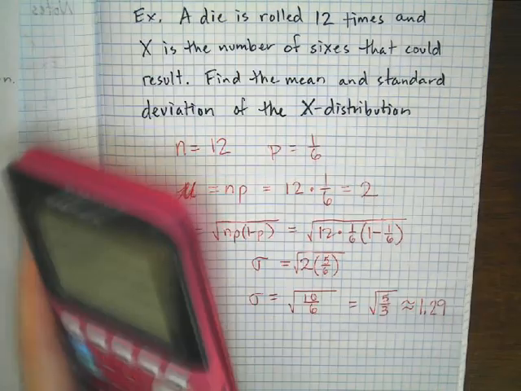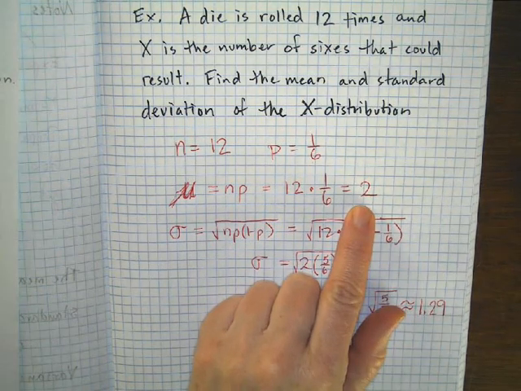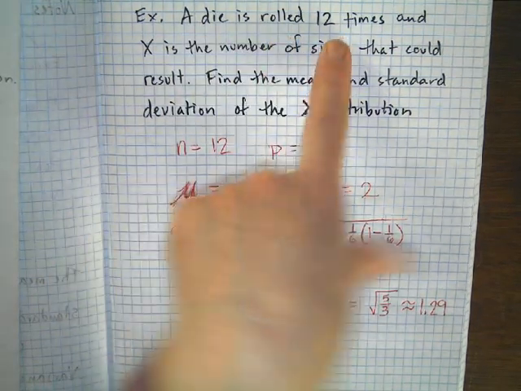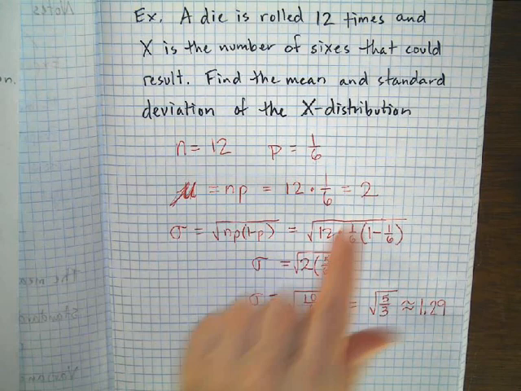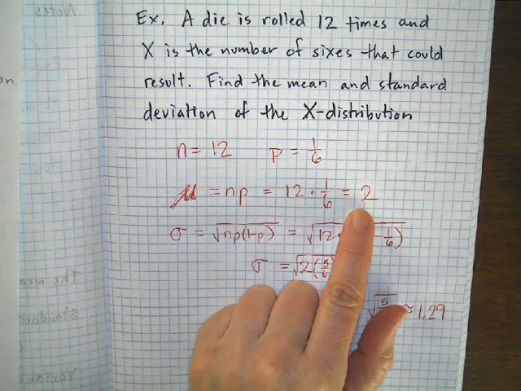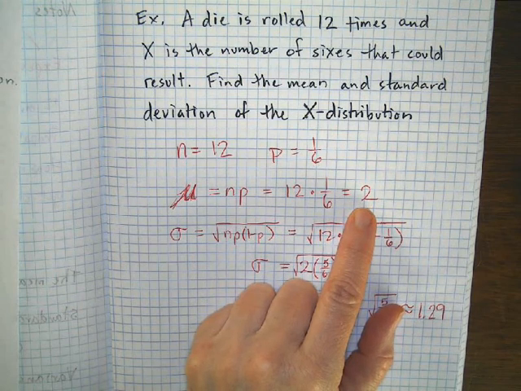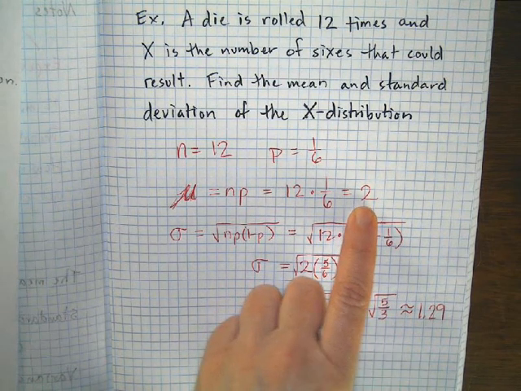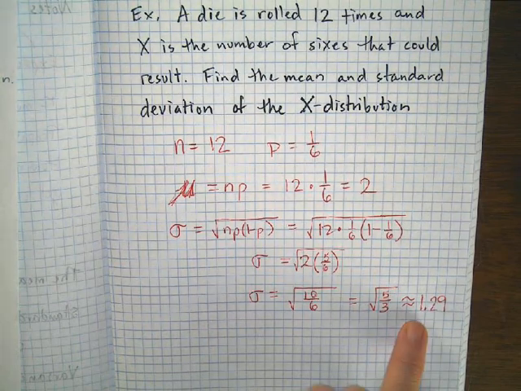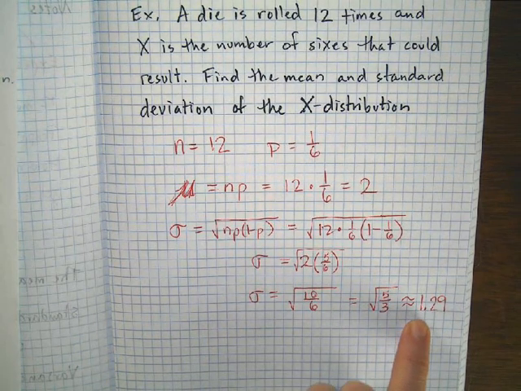So my expected outcome is 2. If I roll a die 12 times, I would expect to get a 6 twice. That seems to make sense. There's 6 sides. I'm rolling 12 times. You would think each side would come up twice. But that doesn't guarantee that that's going to happen. It says here the standard deviation is 1.29.